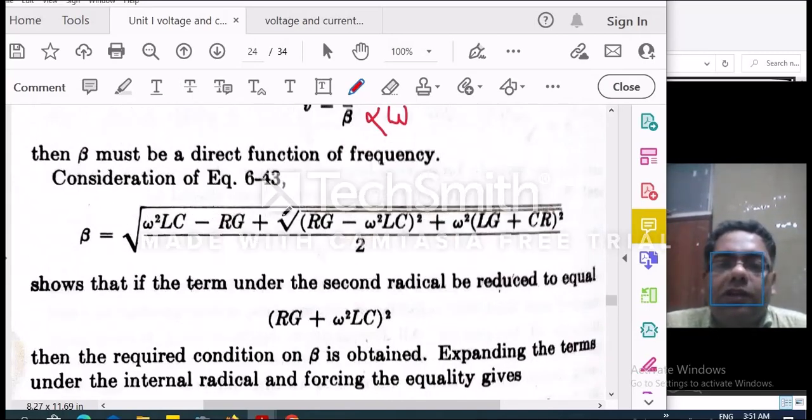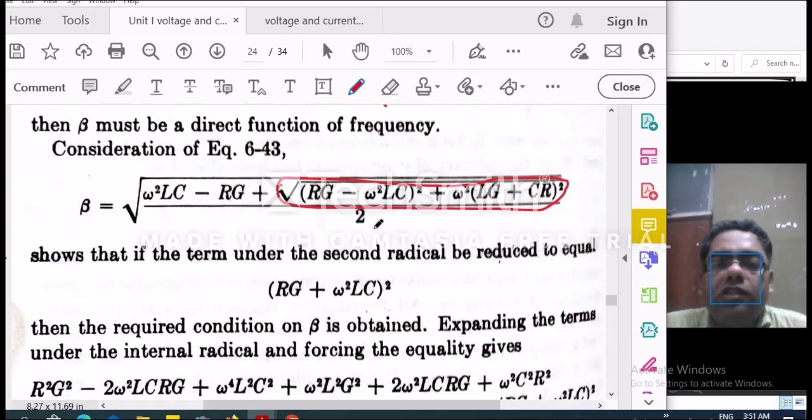In this expression, if I take the term inside the second square root and write it as rg plus omega square lc, what will happen? rg will cancel and omega square lc plus omega square lc will become 2 omega square lc.